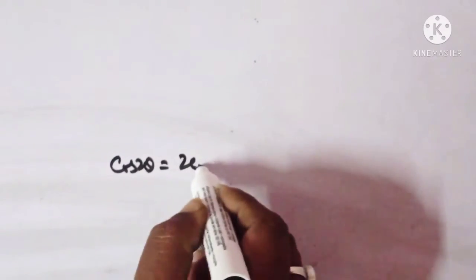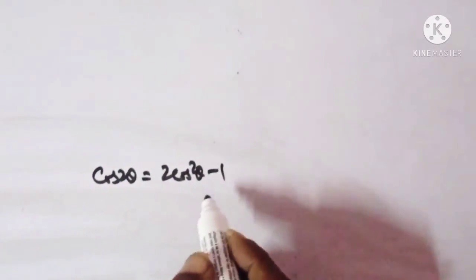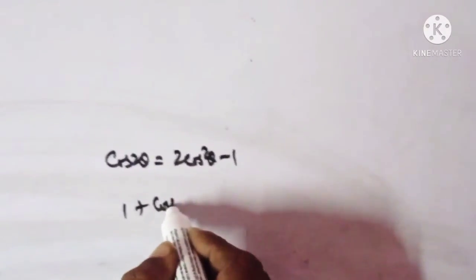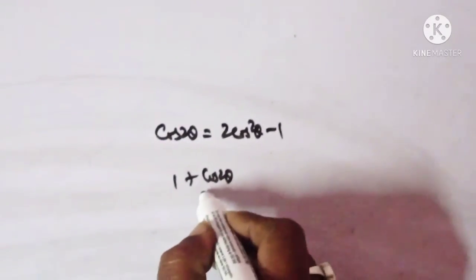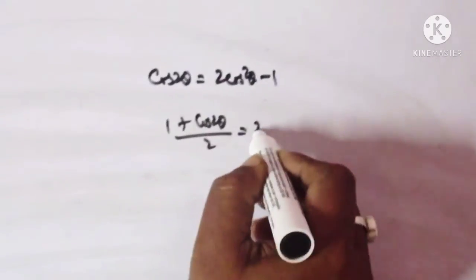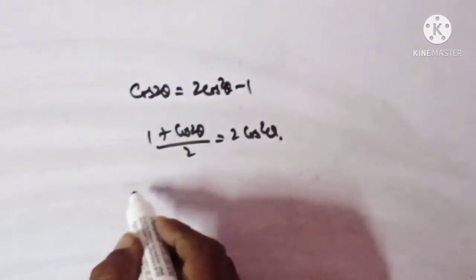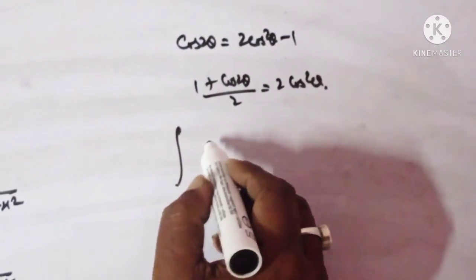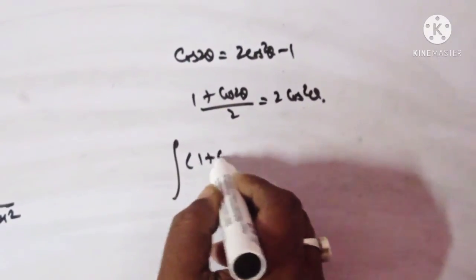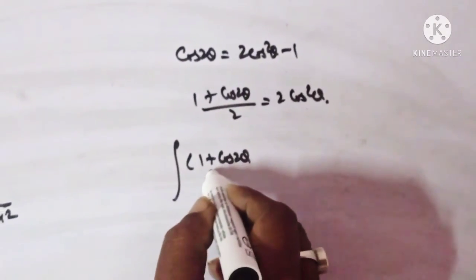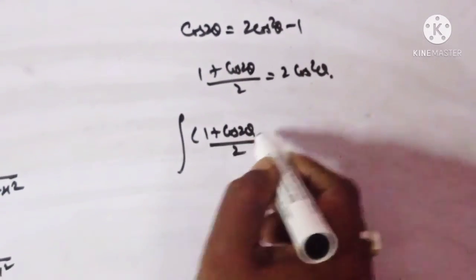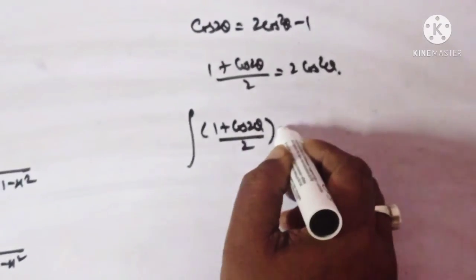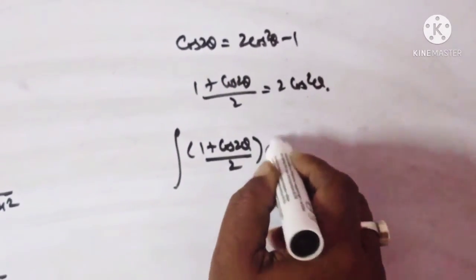Now you see there is a formula, that is cos 2 theta is equal to 2 cos square theta minus 1. So 1 plus cos 2 theta by 2 is equal to cos square theta. So when I'm going to place here, it will be 1 plus cos 2 theta by 2 into 2 d theta.